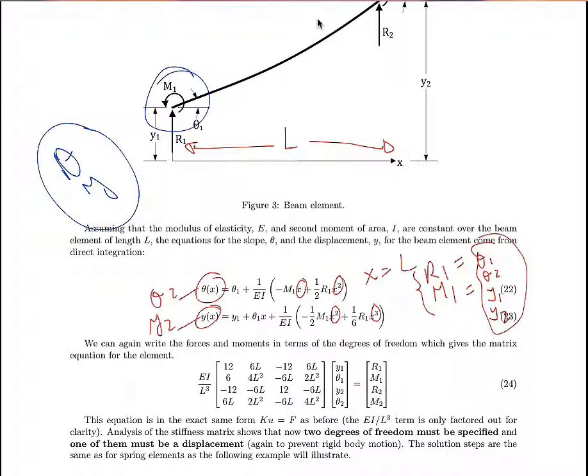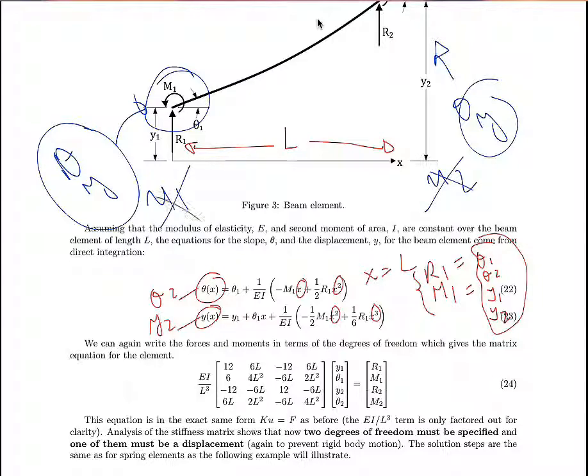So these are 2 degrees of freedom for the left and 2 degrees of freedom for the right node, as opposed to only U1 and U2 in the previous example of the spring element. So spring element is gone. Now we have the beam element. So if we look at that, we can also develop 2 other equations.